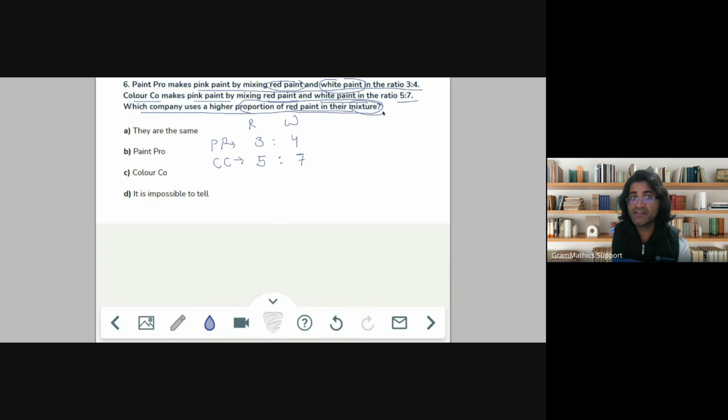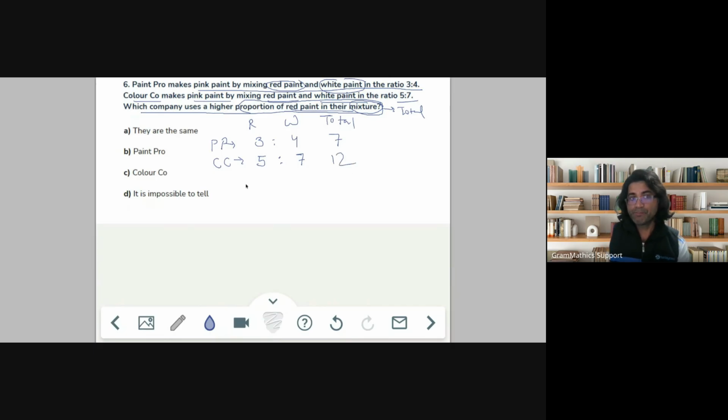So mixture is total. You create a column for total here. So 3:4, if they were in that ratio, the total would have been 7. Got it? And 5:7, the total would have been 12.